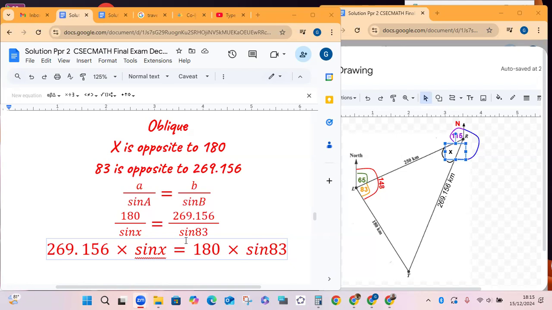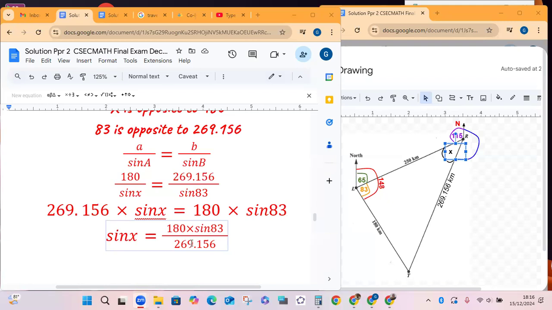Cross multiplication and division must be applied when you are using the sine rule, because you are dealing with two fractions equal to each other, or two ratios equal to each other.